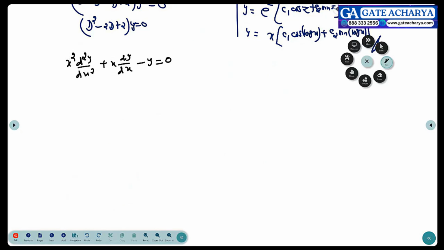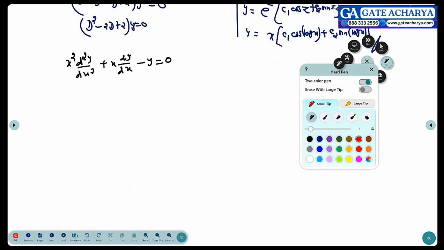Which of the following is a solution of the differential equation?